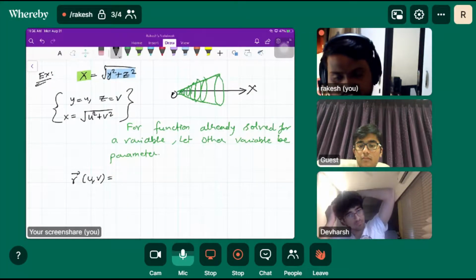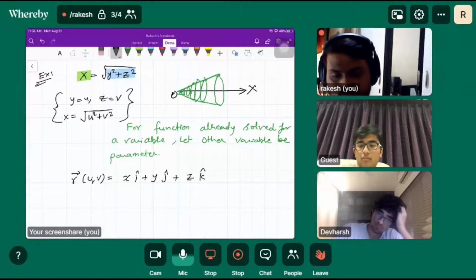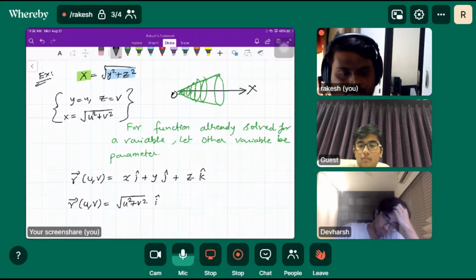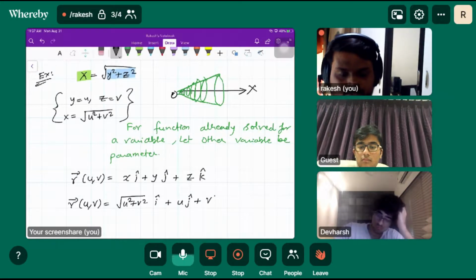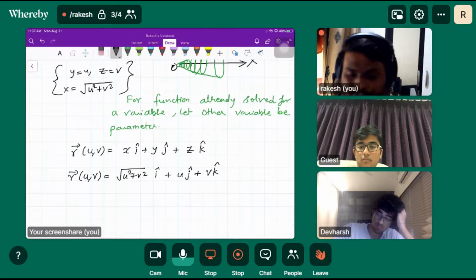Since r(u, v) is x i cap plus y j cap plus z k cap, r bar (u, v) is equal to root of u square plus v square i cap, we are working the same example, plus u j cap plus v k cap. Understood?